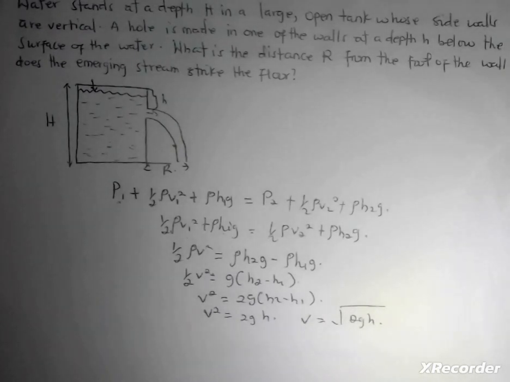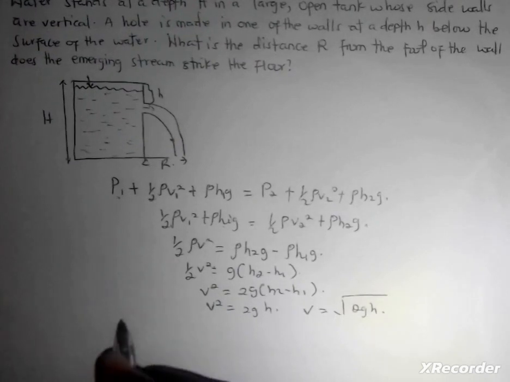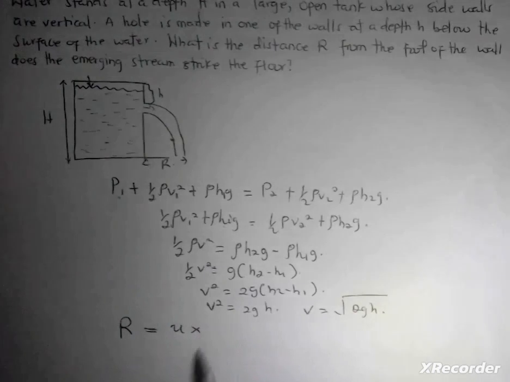What are we supposed to do? We are supposed to go back to the formula for range. So this is from projectile motion physics. We're going to refer to the range formula where we're going to have our initial velocity times what?